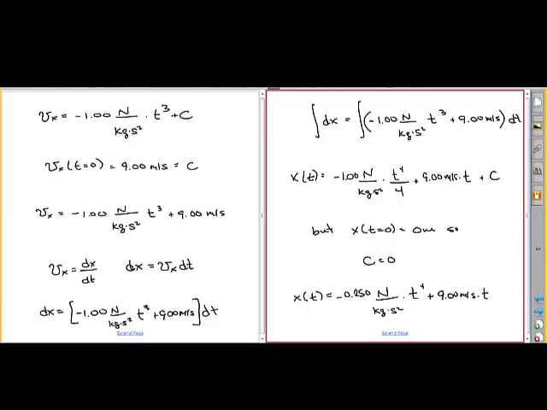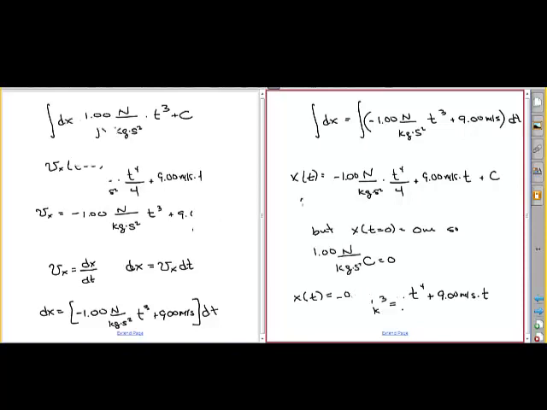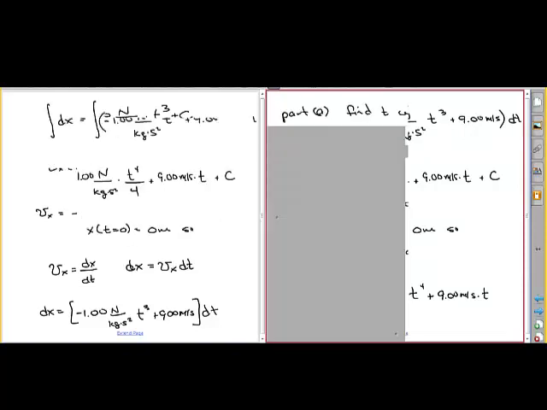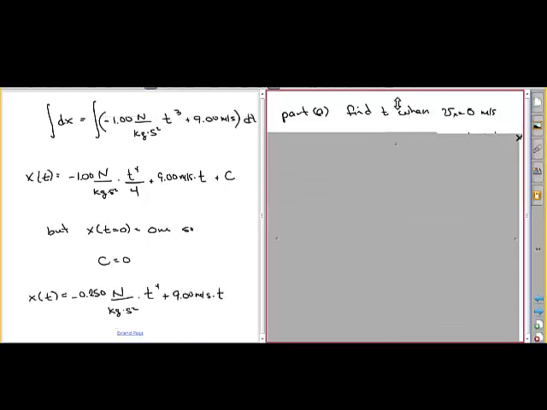Now, the question was, when does this equal 0? So part A was to find t when v sub x was equal to 0. We were moving at 9 meters per second. The question was, when did we stop? Stop means that the velocity is 0.